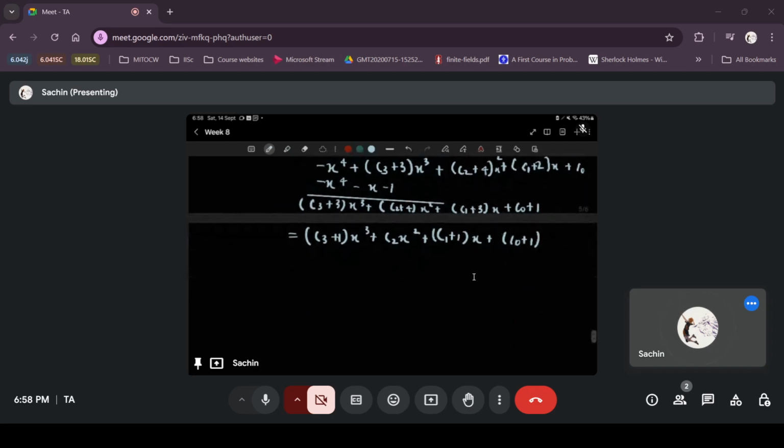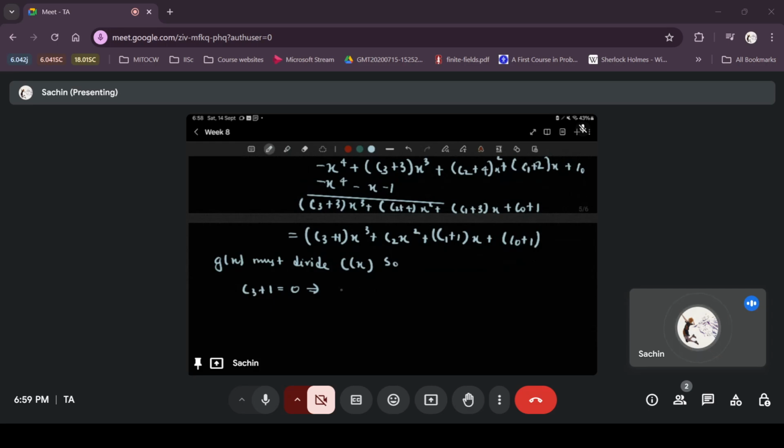Now g of x must divide c of x. So C3 plus 1 equals 0.